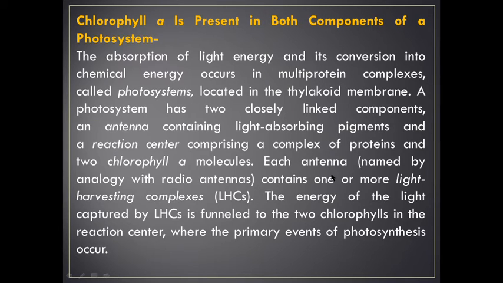Each antenna complex contains one or more light harvesting complexes. The energy of light captured by light harvesting complexes is funneled to the two chlorophylls in the reaction center, where the primary events of photosynthesis occur.